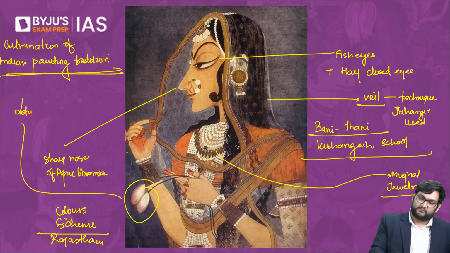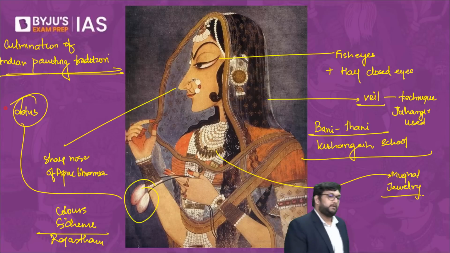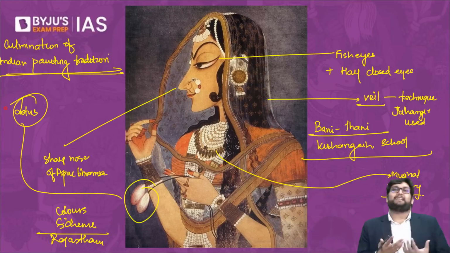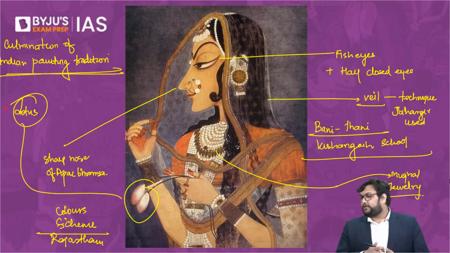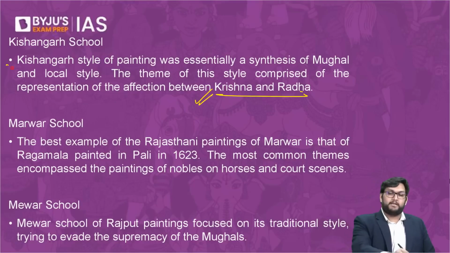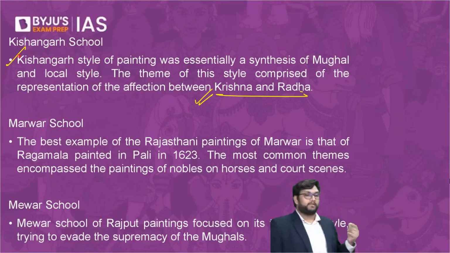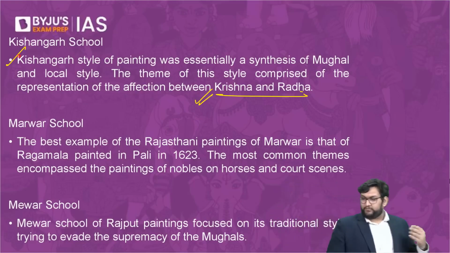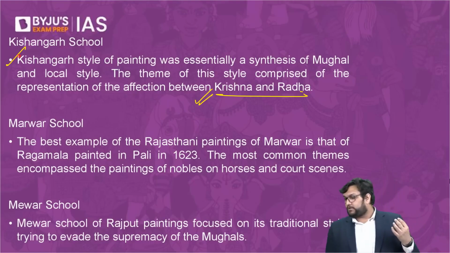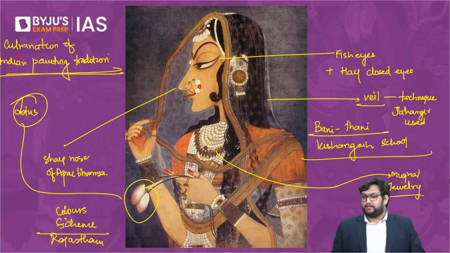Lotus, Bodhisattva Padampani, lotus connection. And in that sense, the Bani Thani image produced, which is Radha basically, in the Kishangarh school, is a synthesis of Mughal and local styles together. So if she should be Radha, yes, she's Radha, but this painting is called Bani Thani.